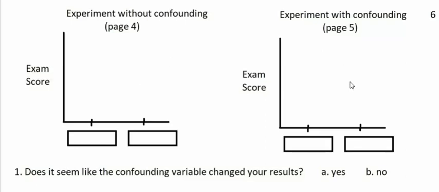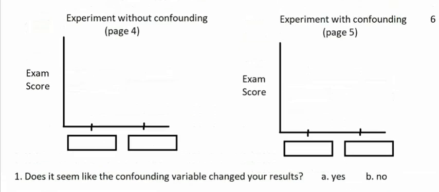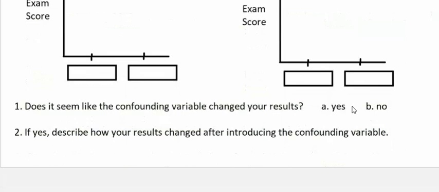Basically, decide if the confounding variable skewed your results and threw off the outcome on page 5. So if the two results look the same, if page 4 and page 5 look like they have the same exact results, you would put no. But if page 5 looks kind of thrown off in some way, then pick yes.